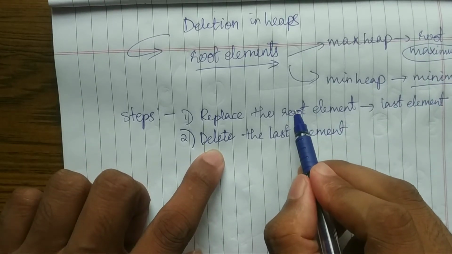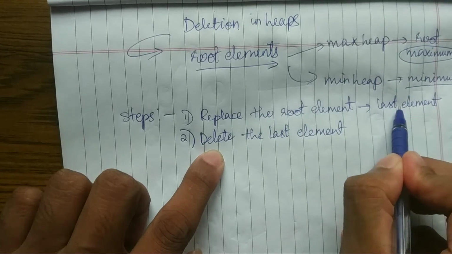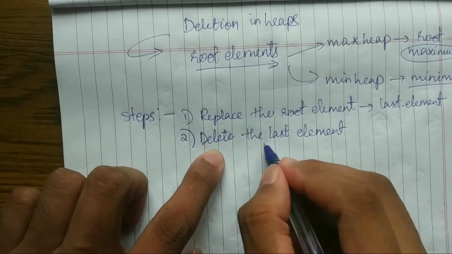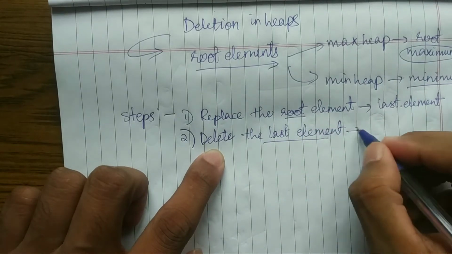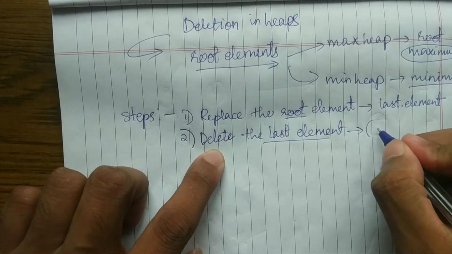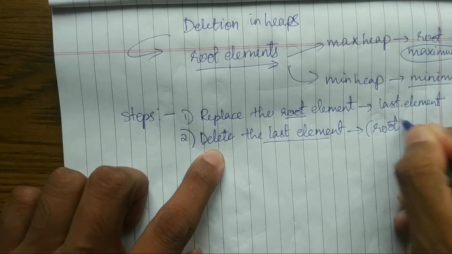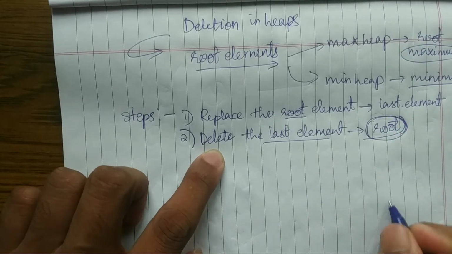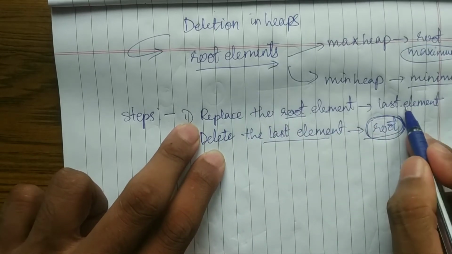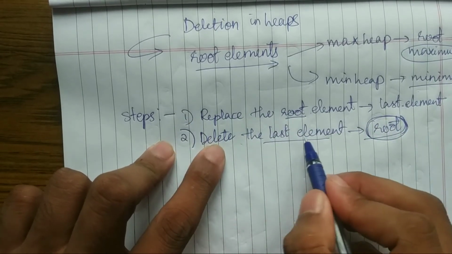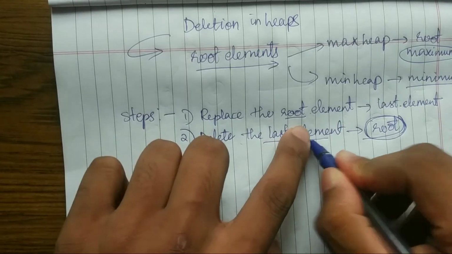As we have replaced the root element with the last element, now in the position of the last element, the root element is stored. So we are doing nothing but deleting the last element, that is nothing but the root. So the first step is that we replace the root element with the last element and delete the last position, which is nothing but the root element.